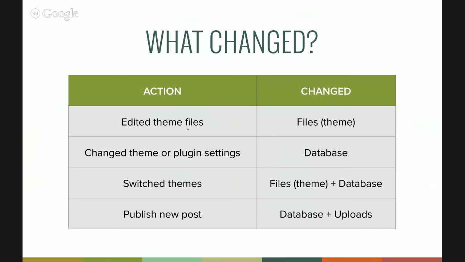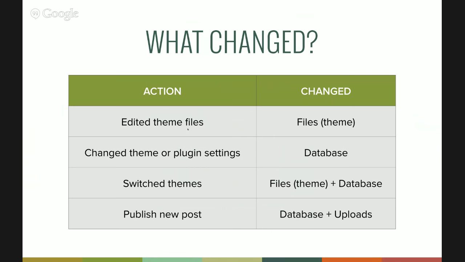So for you to sync the changes back up, all you need to do is to upload style.css and functions.php. So there's really no need for you to copy the entire staging site back over to live. And copying two files is going to save you a couple of minutes at least, rather than copying the whole site.